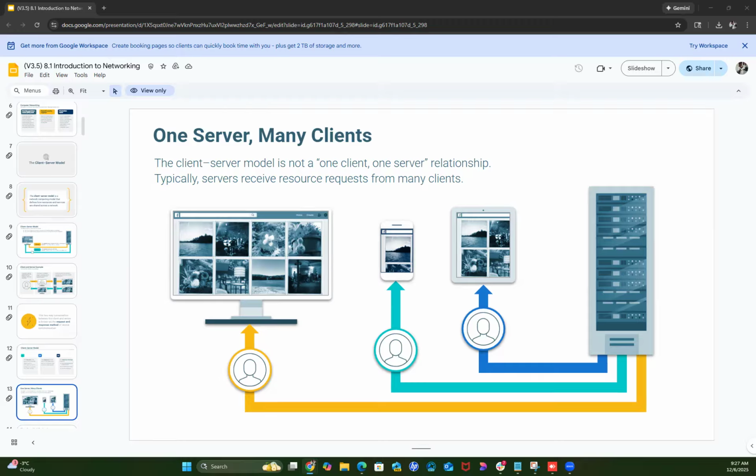Typically, servers receive resource requests from many clients. For example, if other friends go on Facebook to view your friend's vacation photo, each friend uses a different client browser to pull the same resource.